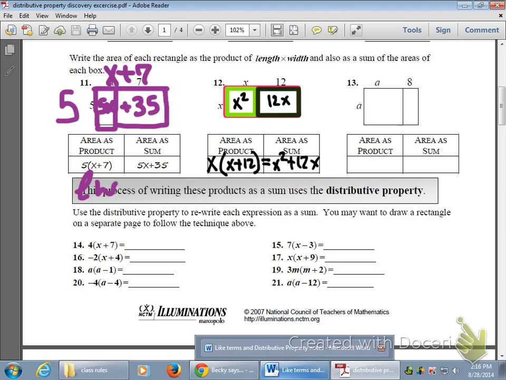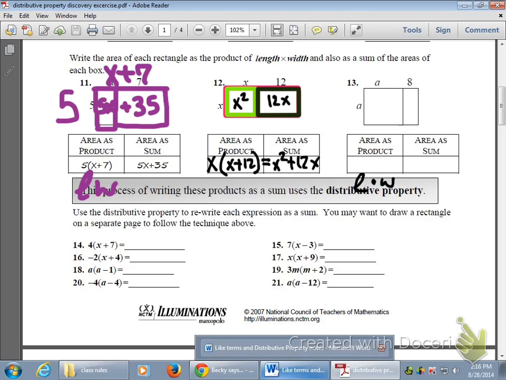I want you to write the area as a product. So you have to give me the length times the width. What's the length times the width on 13?